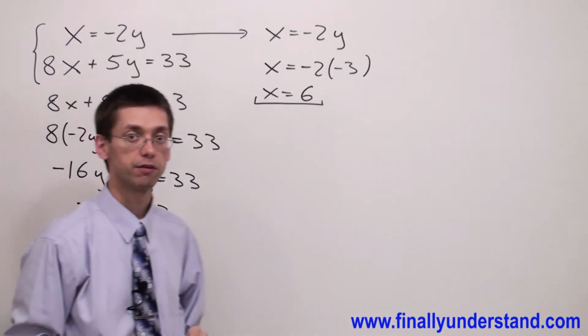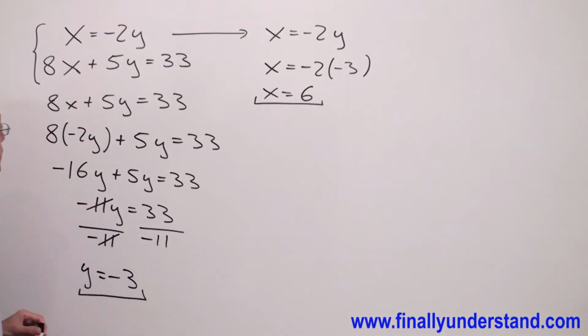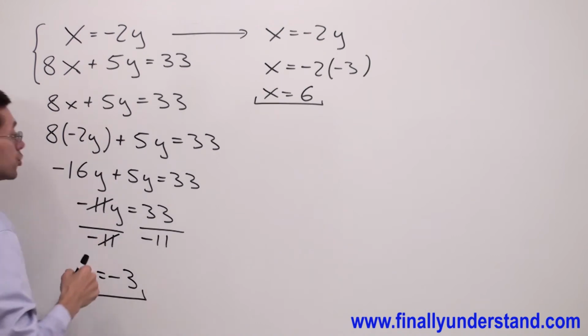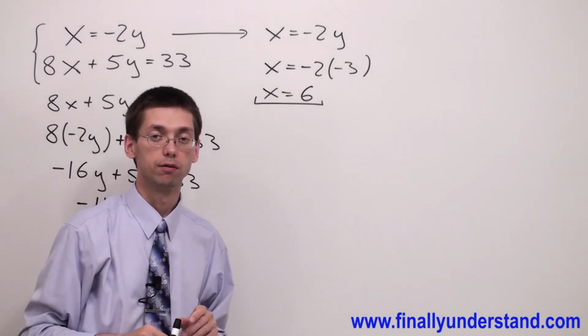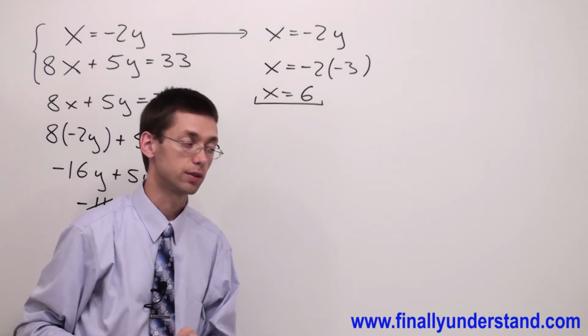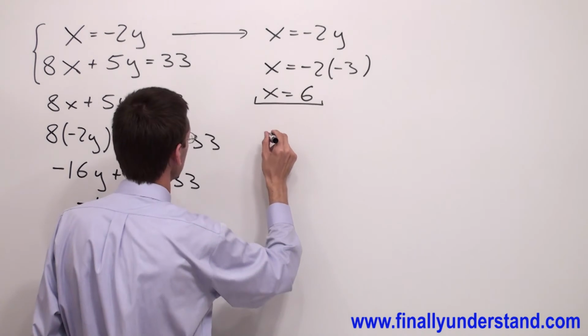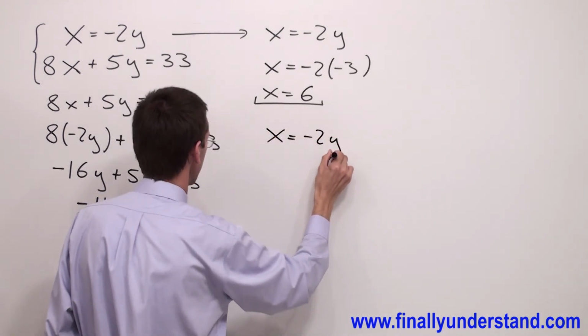In order to verify that my answers are correct, we're supposed to plug in these two values into both equations and check if the left side is going to have the same value as the right side. So I have the first equation, x equals minus 2y.